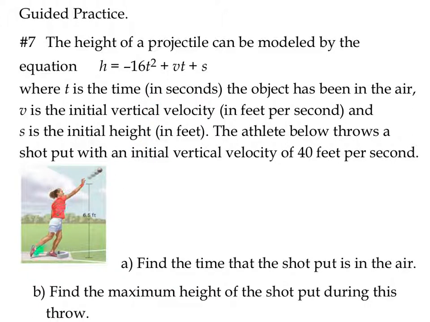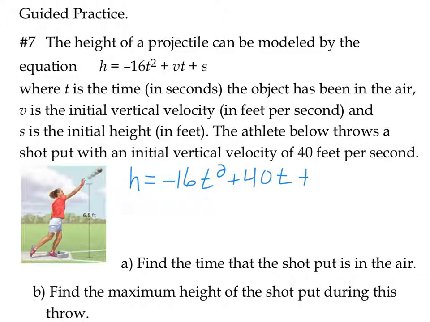So here we see this shot putter throws the shot put up in the air. Okay, the athlete below throws the shot put with an initial vertical velocity of 40 feet per second. So v, the initial vertical velocity, that means we're going to put the 40 in here for v. So we're going to rewrite this equation, okay, as h equals negative 16t squared plus 40t, and then plus, what do you think we're going to put in there for the s?